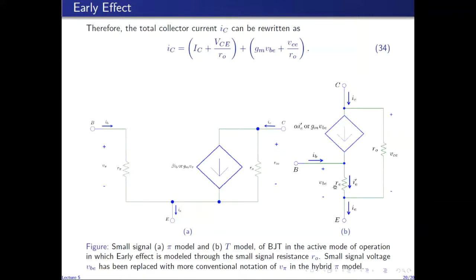So emitter current is different from the current flowing through small RE, which is why I denote the current flowing through small RE as IE prime. So IE prime plus the current through R naught is equal to IE, meaning that IE is not equal to IE prime. So now VBE is equal to IE prime times small RE, and GM VBE equals GM small RE times IE prime. GM small RE is again alpha. So GM VBE becomes alpha IE prime. So it is not alpha IE anymore because of the inclusion of R naught. We have to find a label for the current through RE, and then GM VBE is alpha times that current.